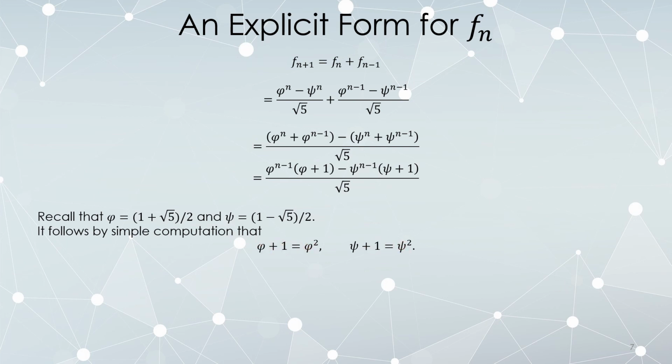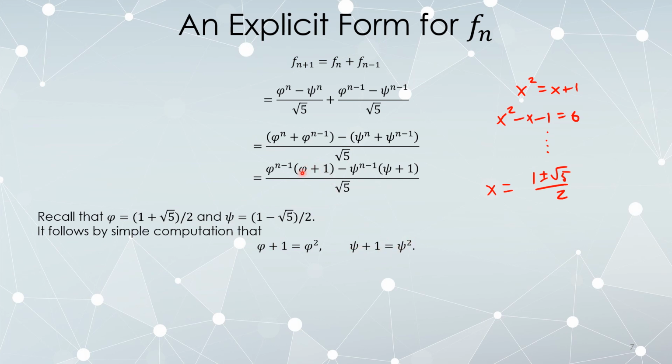You can also see this by observing that if you take the formula x squared equals x plus 1 and solve it via the quadratic equation, you'll get x is equal to 1 plus or minus root 5 over 2, which are exactly 1 plus root 5 over 2 is phi, and 1 minus root 5 over 2 is psi. So those two values are exactly the solutions to x squared equals x plus 1. So phi squared is phi plus 1, and psi squared is psi plus 1.